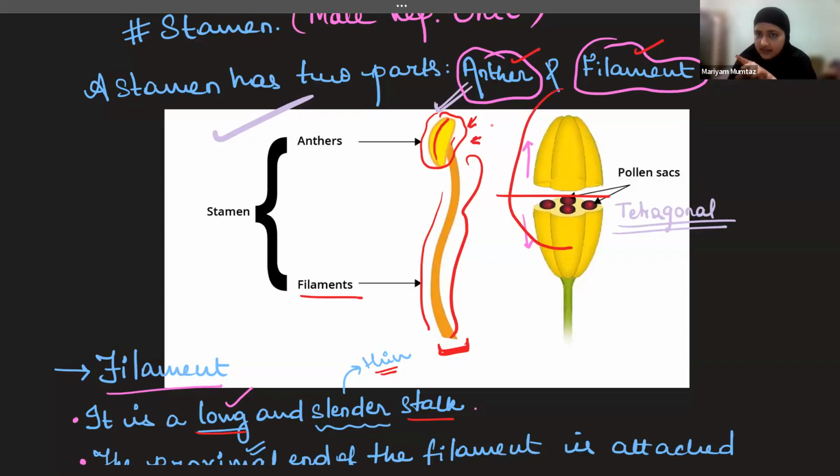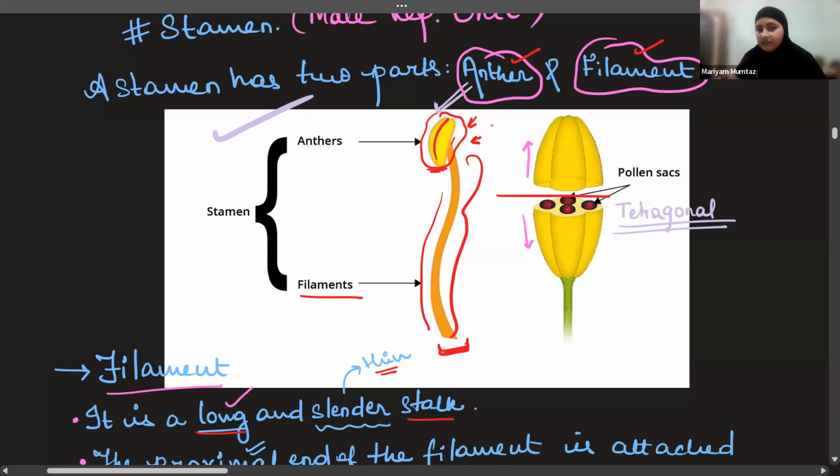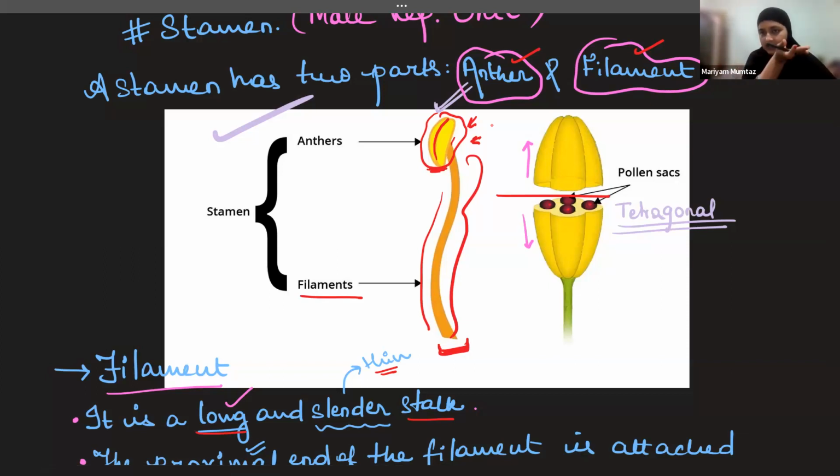This structure, the yellow part, is the anther. If we take it and cut it like this, that is a transverse cut. This cut is transverse, and this cut is a longitudinal cut. A vertical cut means longitudinal, a horizontal cut means transverse cut.